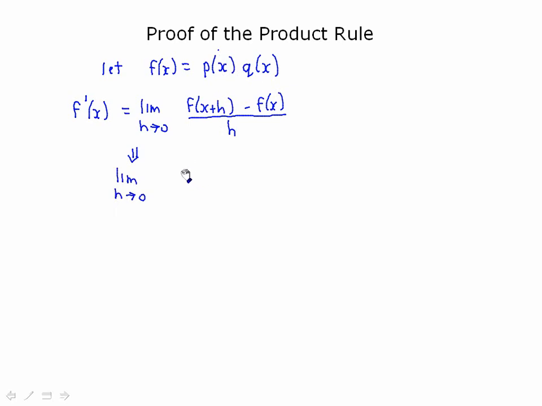So therefore, f at x plus h is going to be p at x plus h times q at x plus h. And then the f at x would be p at x, q at x. And then all over top of h. Now this obviously is making things a little bit more complicated temporarily.